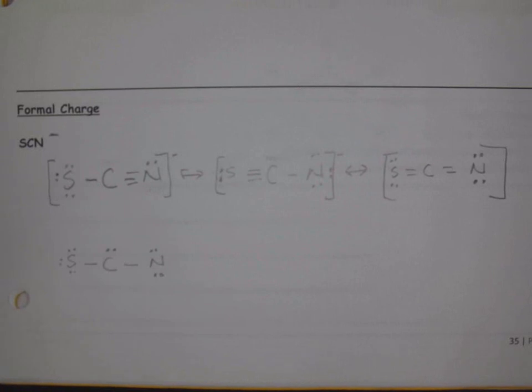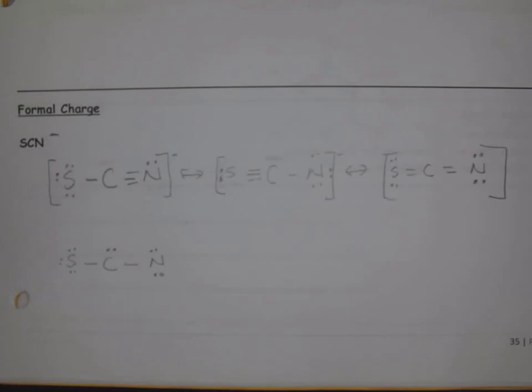One of these structures is way more common in nature, which we can glean is more stable, more likely to occur. And I'm going to use this technique called formal charge. Now, let me be clear. Formal charge does not mean that these atoms have these charges.